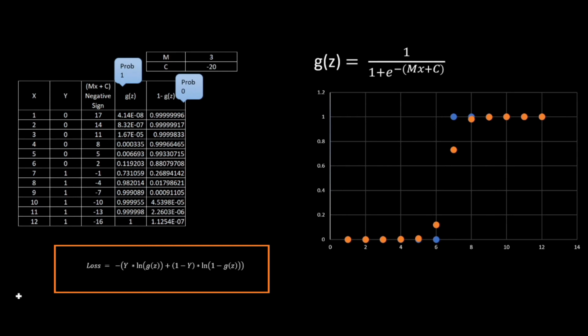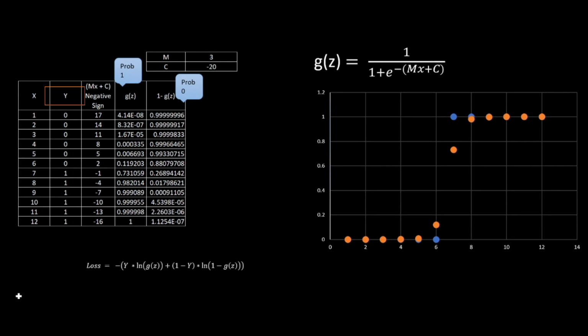All terms in this equation are pretty much relevant to the table you can see on the top. You can see that we have y, which are the actual outcomes, and we have gz, which is the probability we predicted for ones.